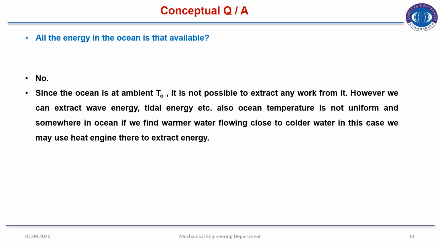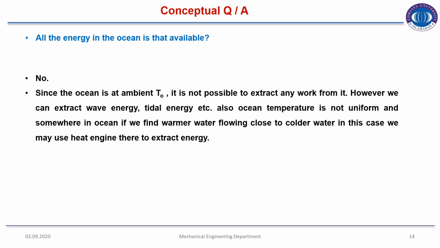If we have a work producing device like a heat engine, it works on the temperature difference principle. High temperature heat enters the heat engine, some of it is converted into work, and the rest is rejected into the ambient or the sink.